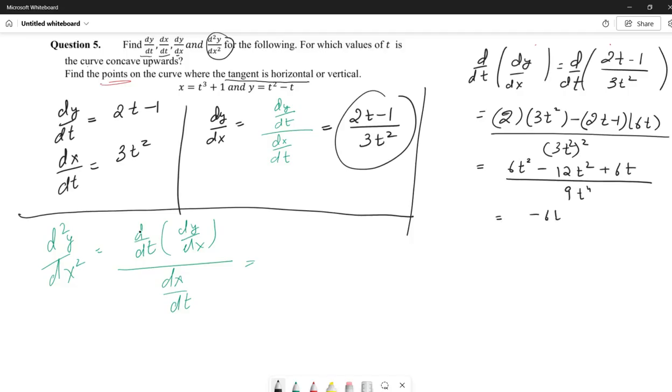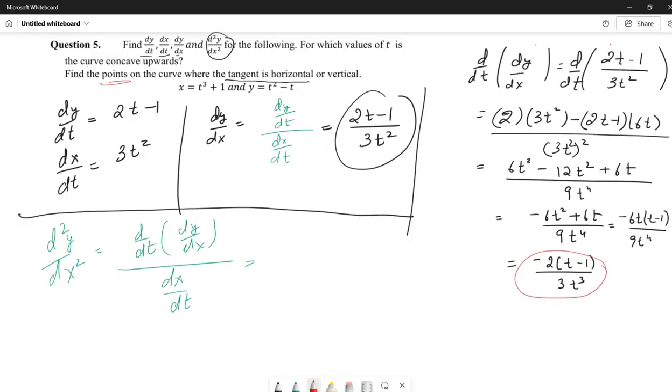So negative 6t squared plus 6t divided by 9t to the power 4. You can factor out negative 6t from here. It will be left t minus 1 divided by 9t to the power 4. One factor of t cancels and 3 cancels. Negative 2 times t minus 1 divided by 3t cubed.